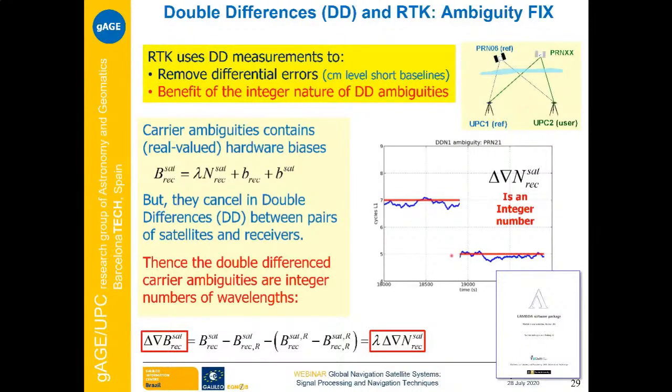In this way we can fully fix the ambiguity, we can know exactly what the value of this ambiguity term is. In general, there is the LAMBDA method, a powerful method for ambiguity fixing that uses the correlation between the different estimated parameters. But this is the idea.